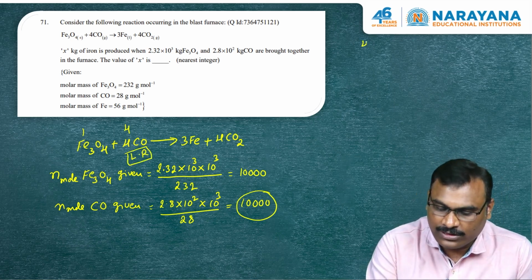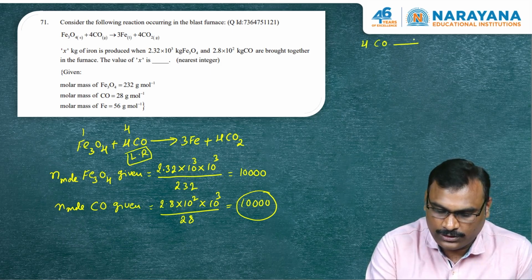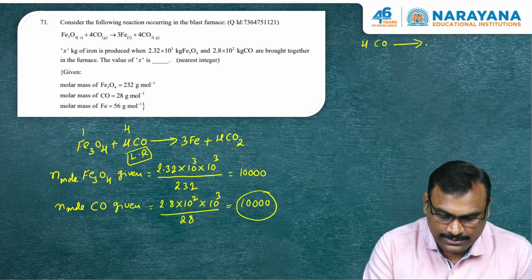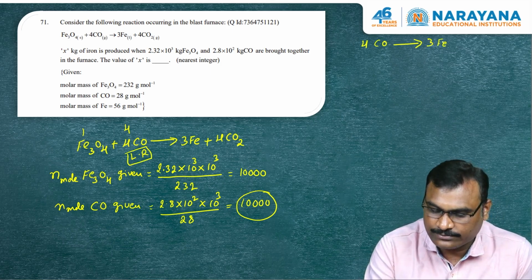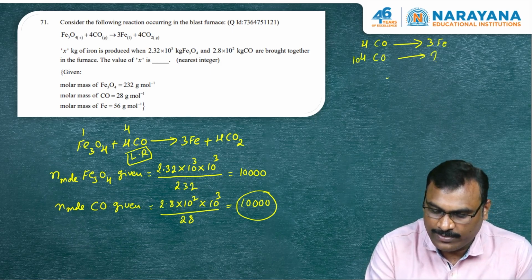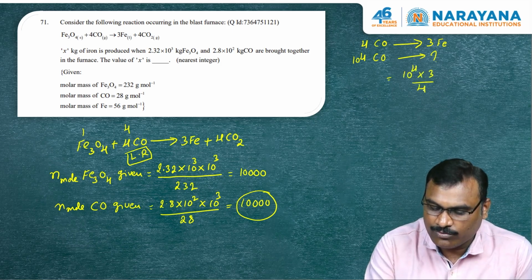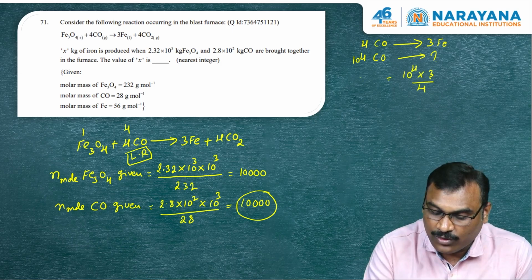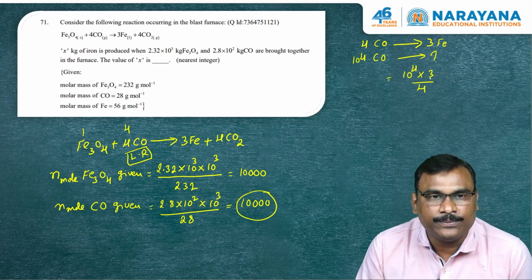So 4 moles of CO will produce 3 moles of iron. Now 10,000 moles or 10 power 4 CO will produce how many? That is 10 power 4 moles into 3 by 4 moles of iron. Number of moles of iron is 3 into 10 to the power of 4 by 4.